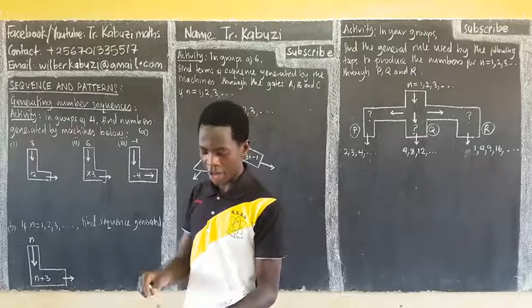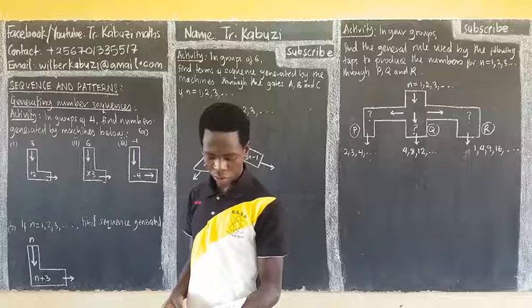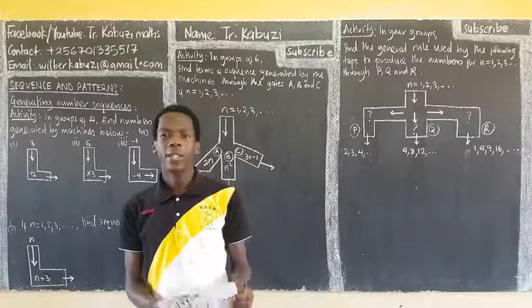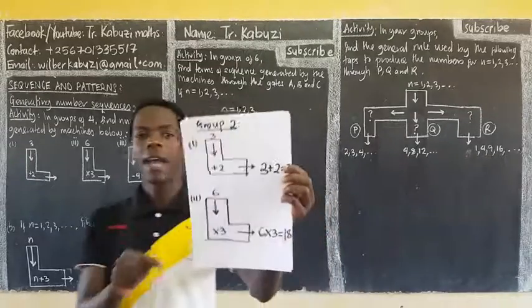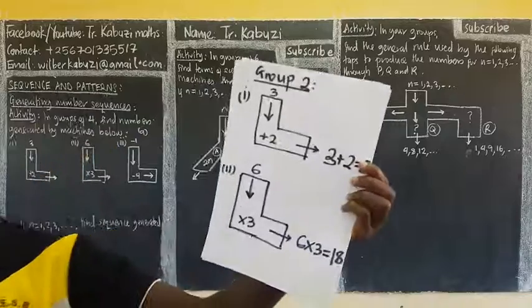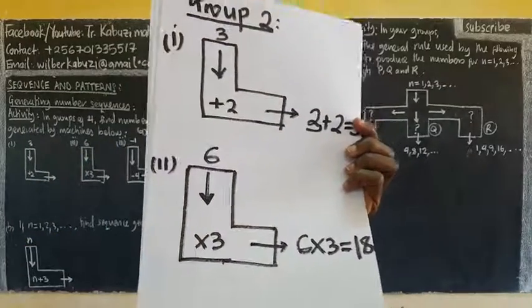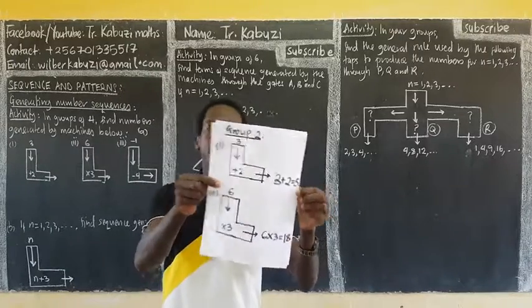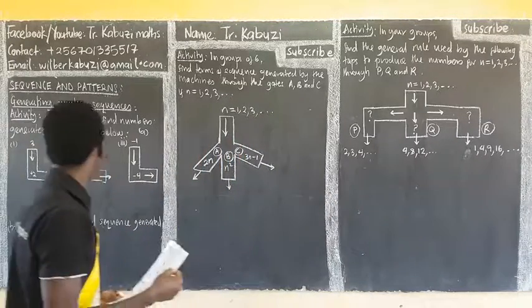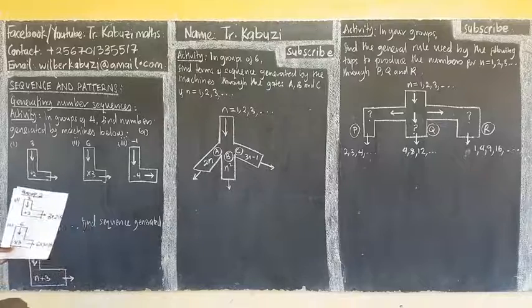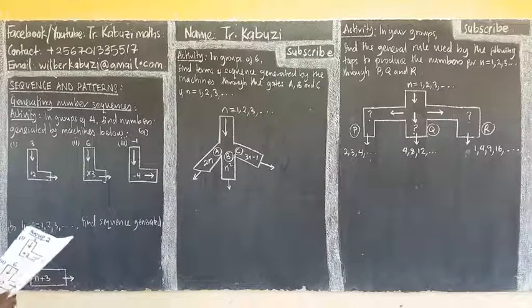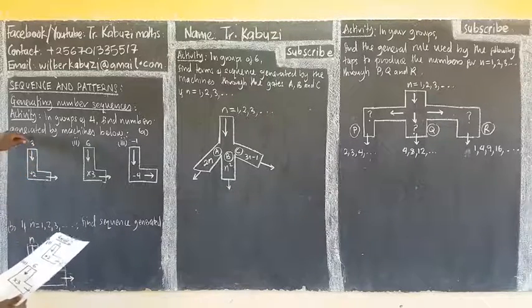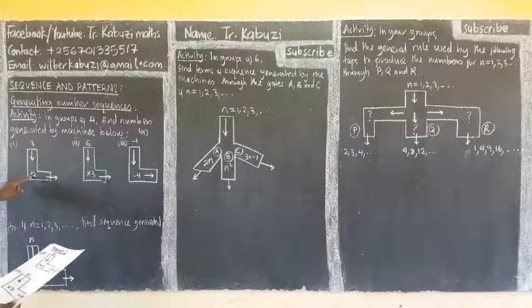Group 2, they are handling number 1, 2, and so as you can see, this is what they have been able to present. I think we can all see. So this is what they are presenting. Group 2 sees that when we put these 3, they make an operation.